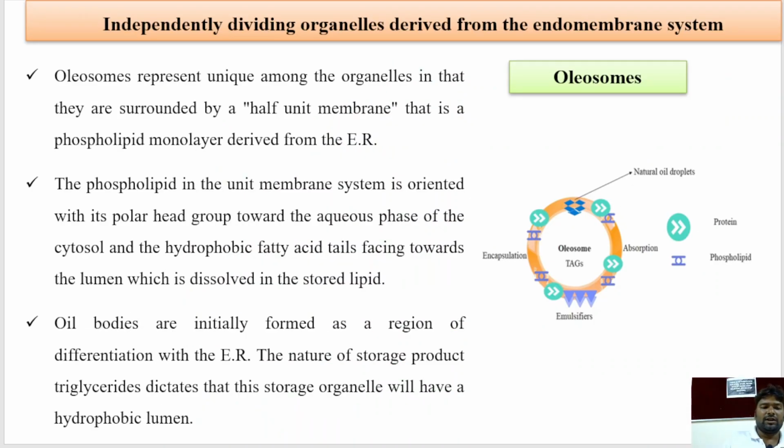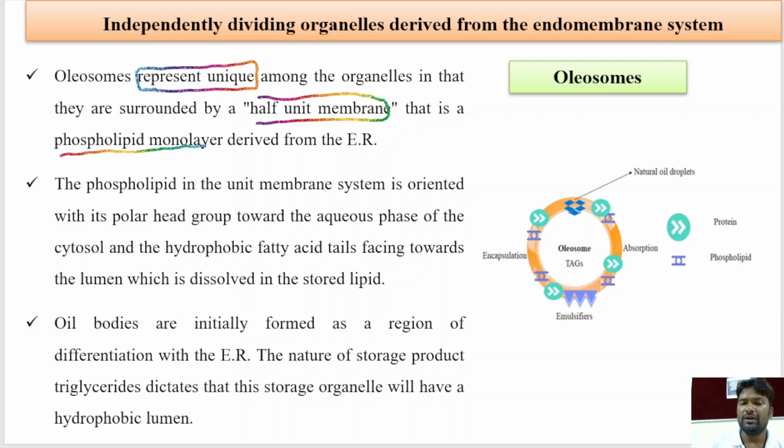A pre-vacuolar compartment also serves as a sorting organelle for membrane endocytosis from the plasma membrane. So now come to the independently dividing organelles derived from the endomembrane system. The first one is the oleosomes. So friends, oleosomes are unique. Why are they unique? Because they have a half unit membrane, that is, a phospholipid monolayer instead of a phospholipid bilayer, and are derived from the endoplasmic reticulum.